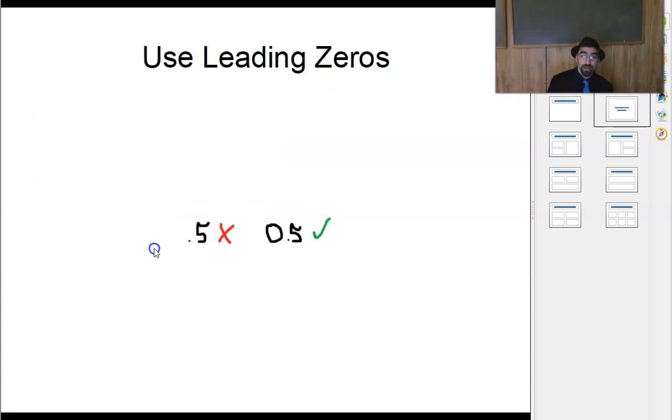Finally, some techniques for distinguishing your letters and just making stuff easier to read. So one, when you're writing a decimal, right, so something that's a number between 0 and 1, always use leading zeros.